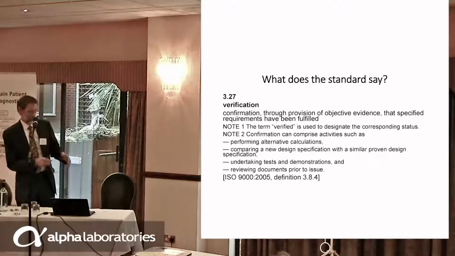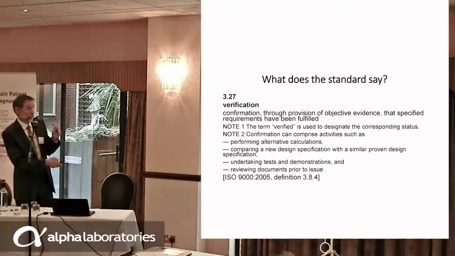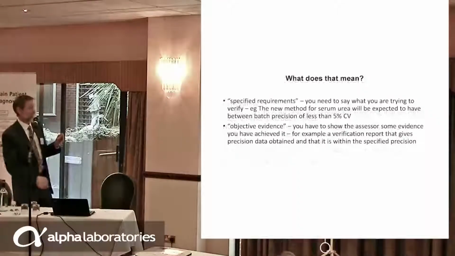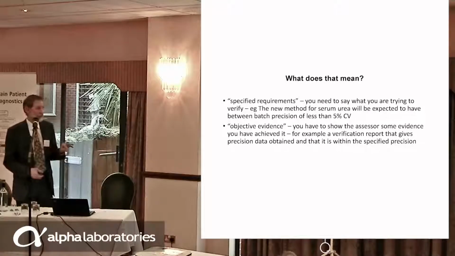So what it says is you've got to have objective evidence against specified requirements. And I'm going to take each of these in a little bit more detail. So specified requirements, you need to say what you're looking for, okay?